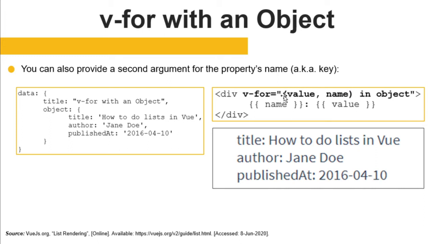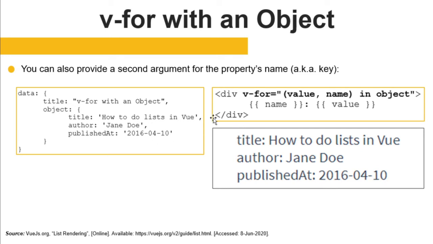For each iteration, value will represent the first value inside our object, which is How to Do List in Vue. Then on the next iteration, the name property will represent the property name of the first element of the object.